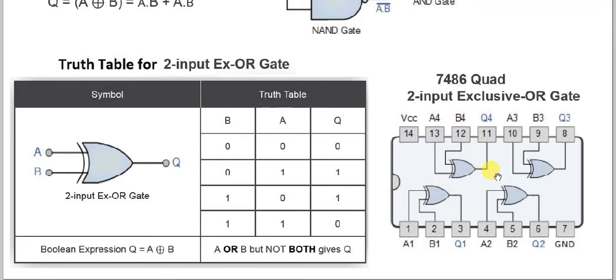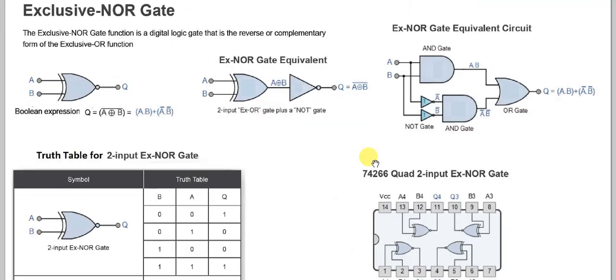Now we move to the next type, which is the exclusive NOR gate. The exclusive NOR gate is a digital logic gate that is the reverse, or complementary form, of the exclusive OR gate. We simply put a bubble sign on it, and the exclusive OR is converted to the exclusive NOR gate.